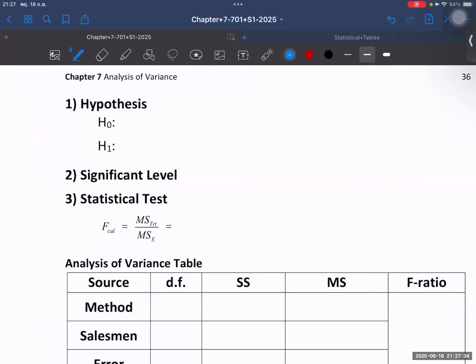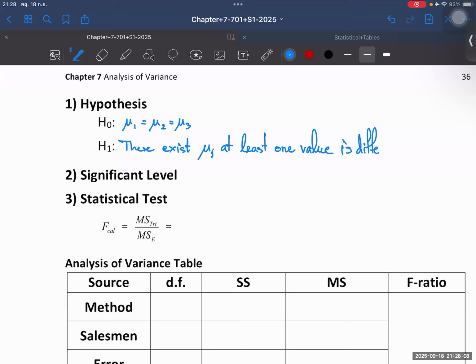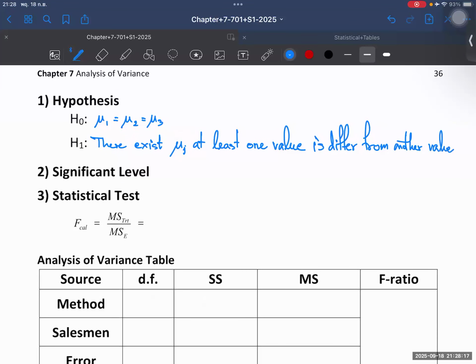We have the hypothesis mu1 is equal to mu2 is equal to mu3. Versus there exists at least one mu j value that differs from another value.